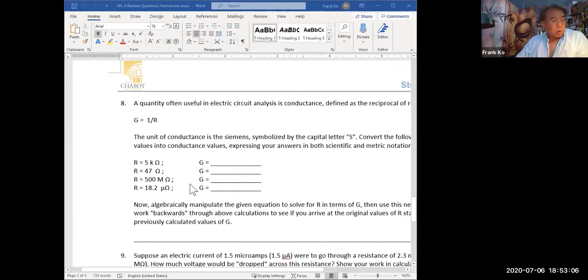Question goes to Carlos Navarro. 18.2 micro, you key that into your calculator, 18.2 exponent negative 6, and then you hit enter, and you hit the reciprocal key, you hit enter, and engineering. What do you calculate as the conductance, my friend, Carlos?